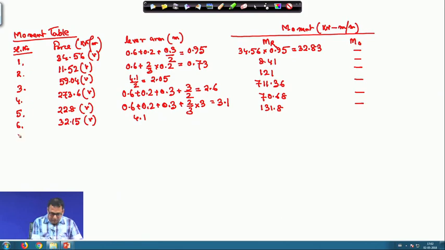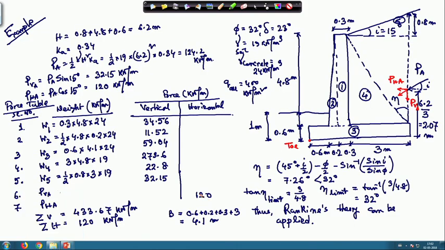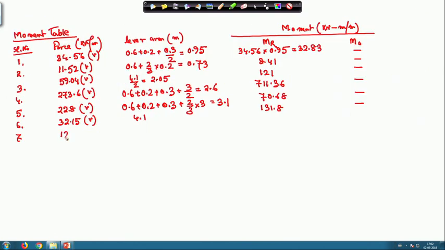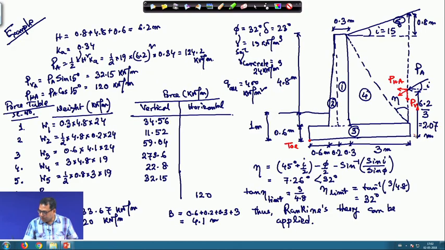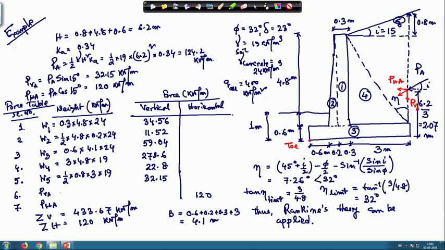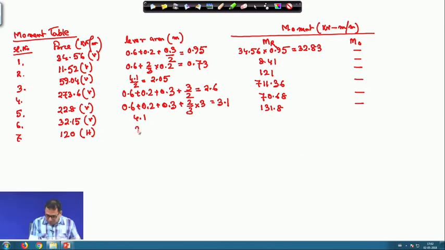So, that is 131.8. Okay. Then the seventh one is 120 kilonewton per meter. This is horizontal, and this will act at a height of 2.07 meter from the base. If I multiply that, this value will be 248.4, because this is the overturning moment.